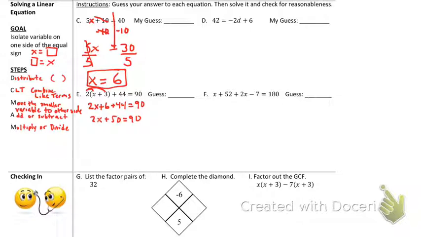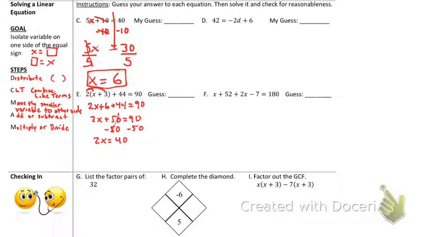So I want to isolate my x. And to isolate my x, I'm getting rid of anything that's adding or subtracting. To do that, we do the opposite of whatever is happening. So we're adding 50, so I'm going to subtract 50. Okay? The 50s cancel out, and I'm left with 2x equals 40.